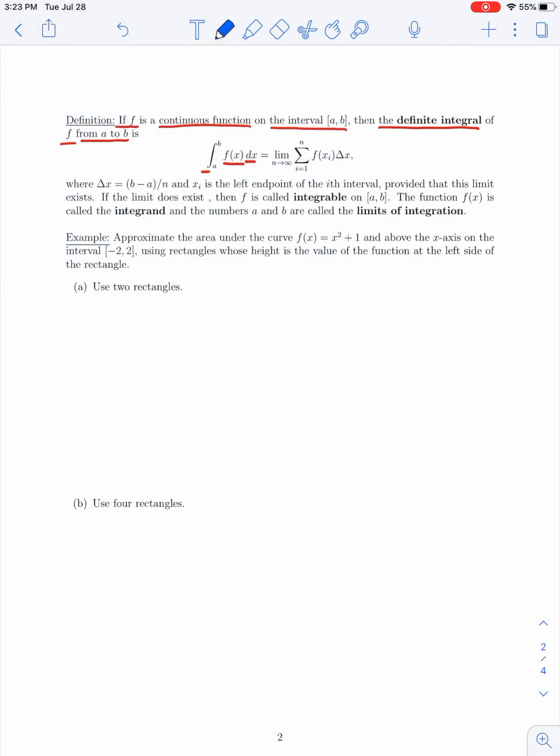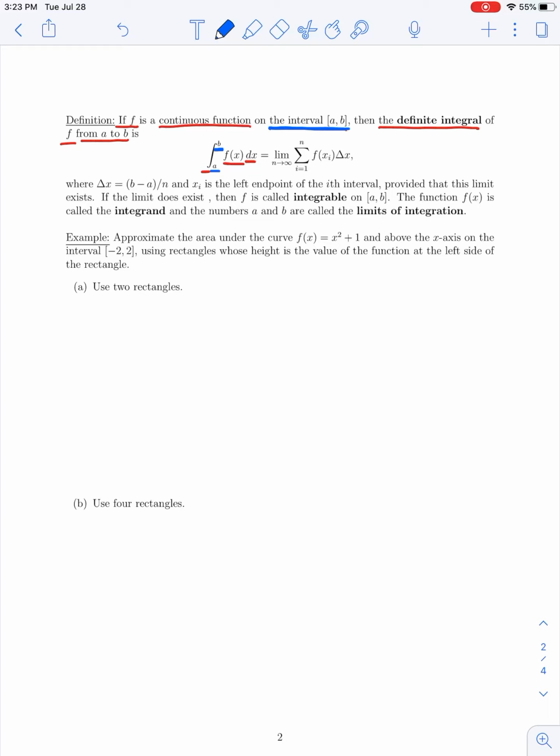And then on our integral sign, we have a subscript and a superscript, a and b, which are used to denote the left and right endpoints of our interval of interest.